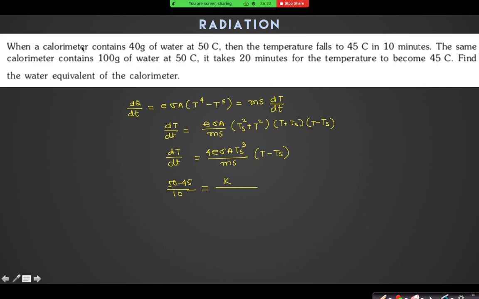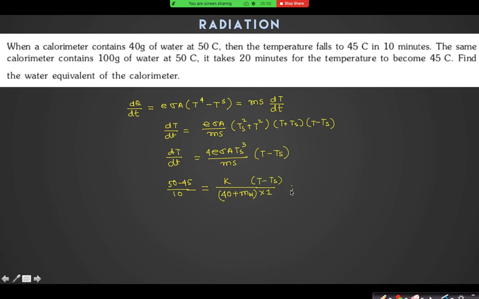Now look, calorimeter is also there, right? So this m into s is not only for water. So I can write it as mass of water, which is 40 gram given in your question, plus water equivalent of the calorimeter, into specific heat, which for water is only 1 calorie per gram degree Celsius.